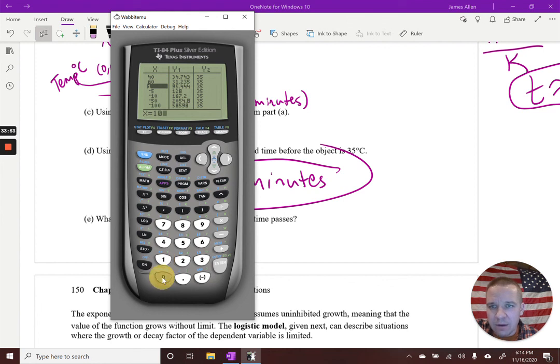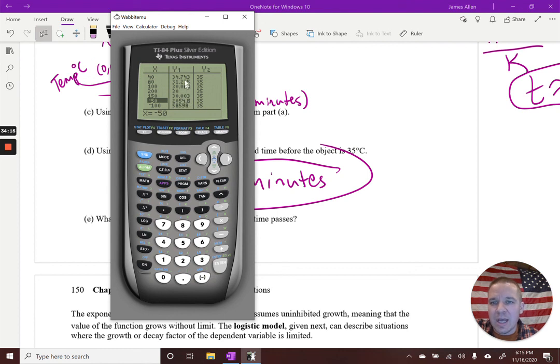How about 100 minutes out? Because who's going to leave their food out for that long? Okay, 30.084. Let's go 200 minutes out. 30. Interesting. Perhaps I'm going to backtrack a little bit. 150. Let's find in the middle there.